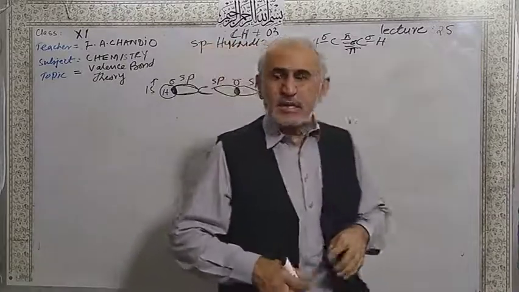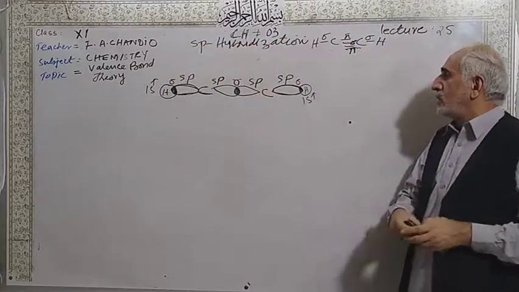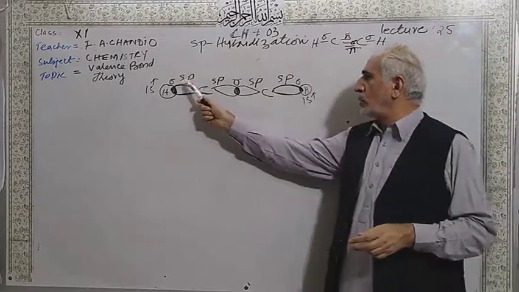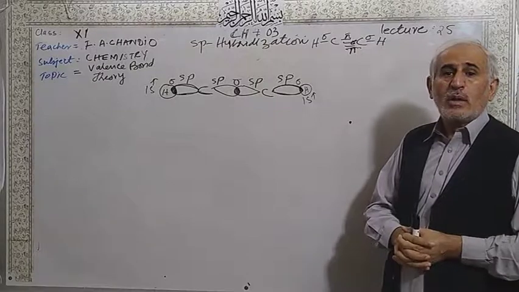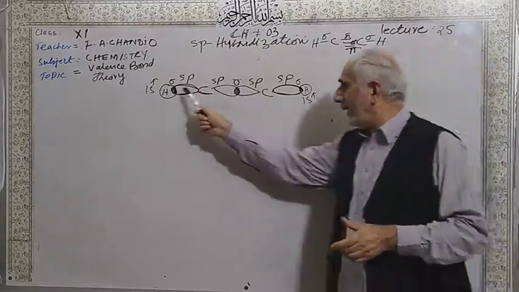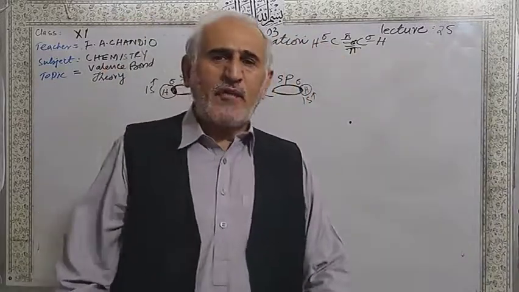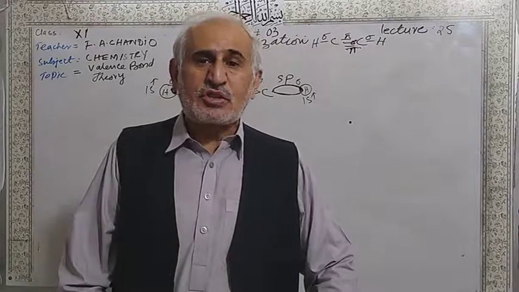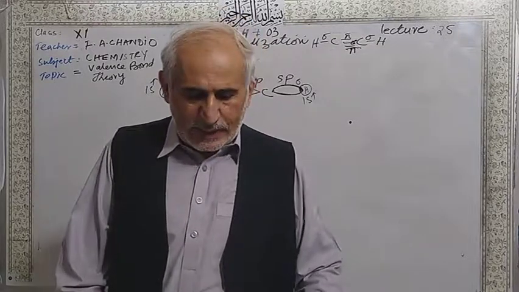So students, there is sp-sigma-1s. 1, 2, 3 sigma bonds are going to be formed. And you are seeing it is straight, linear. The structure of acetylene is linear, straight, and the angle is 180 degrees.